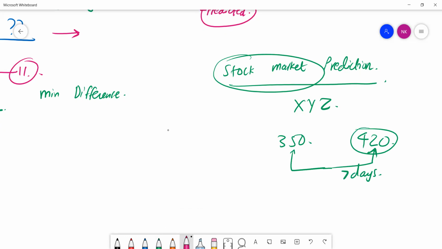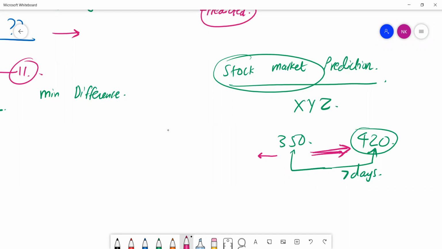Now I will be very glad if reality works in this particular direction. Why? Because it is giving me more and more profit, rather than decreasing the value from 350 to near 320, 330. I will be more happy if this trend works in the positive direction and reaches 420 or around 420.